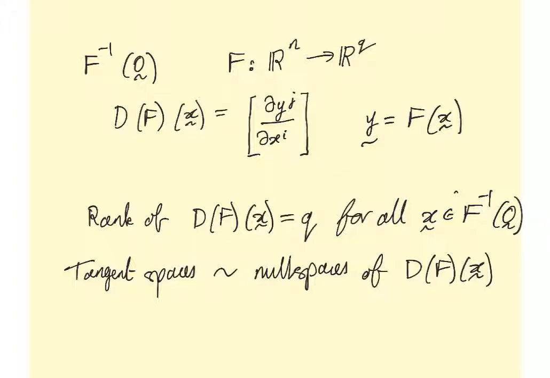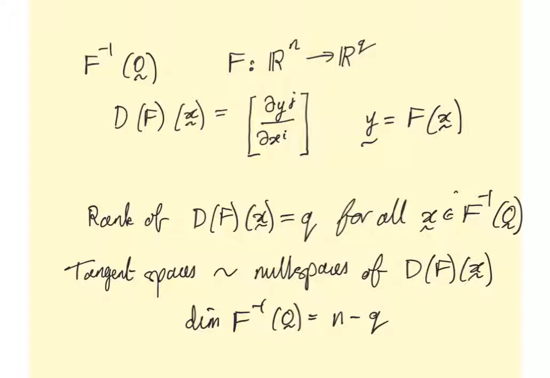And so since f has maximal rank at points of the zero set, the nullity of the derivative matrix is n minus q, and the dimension of the zero set is n minus q.